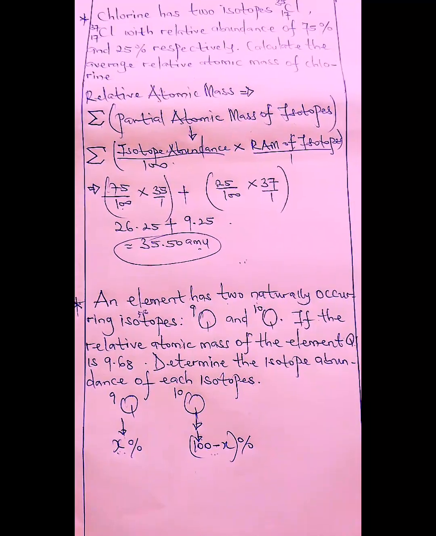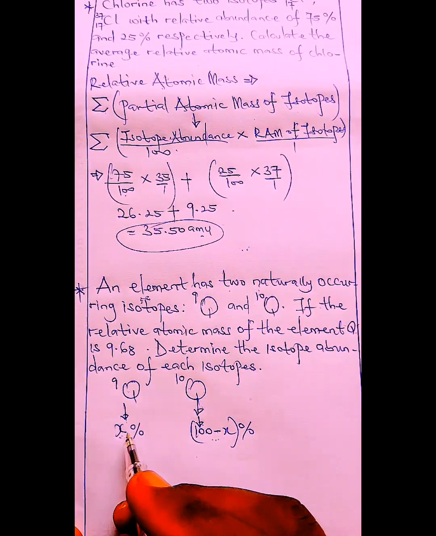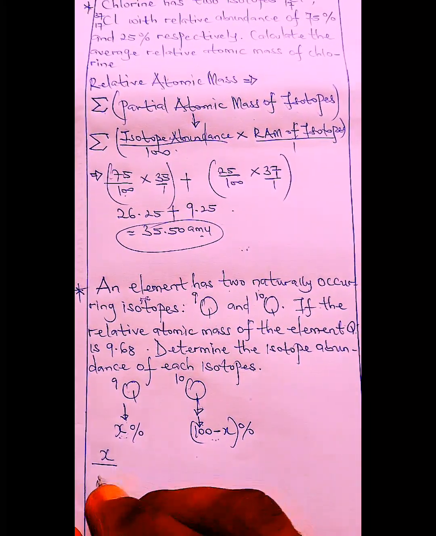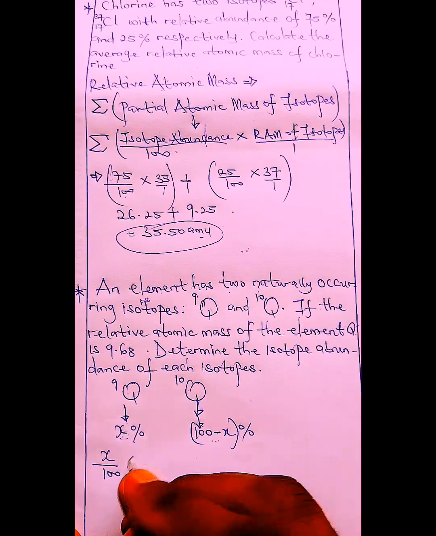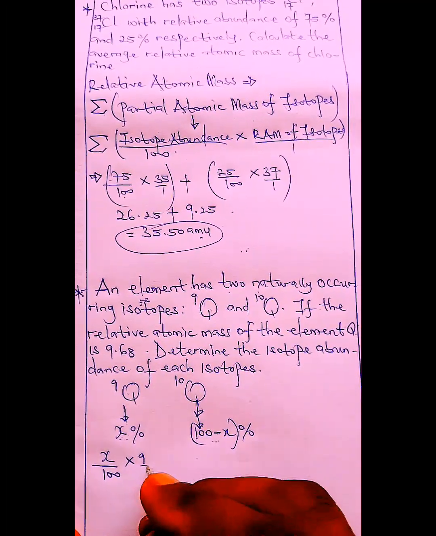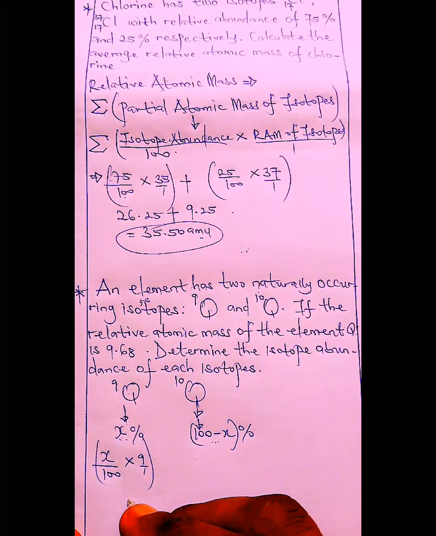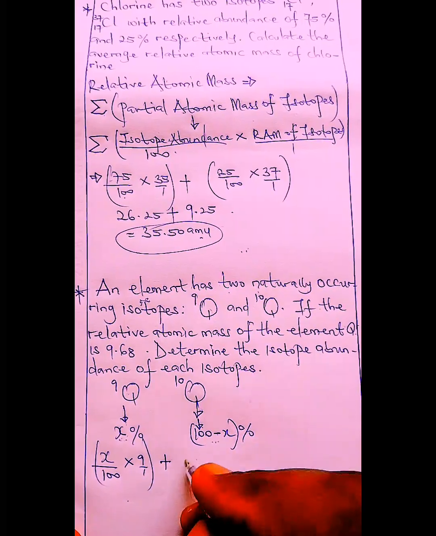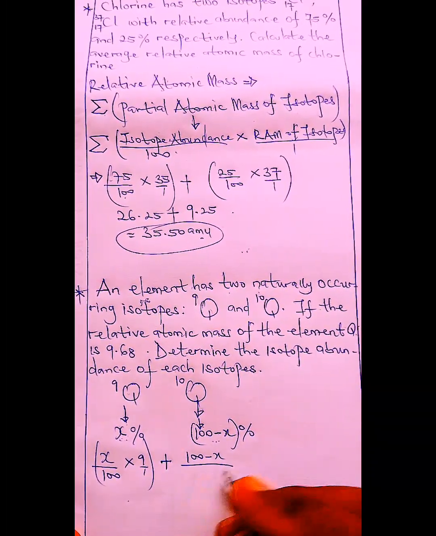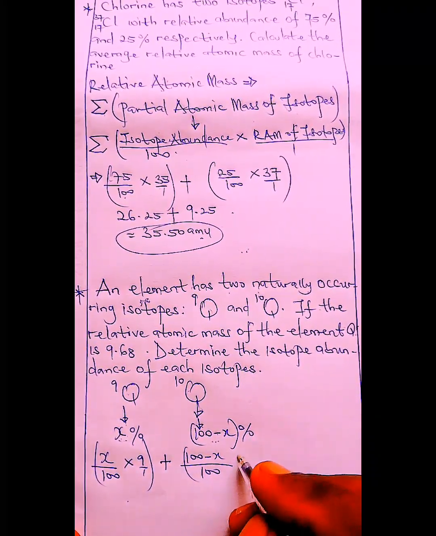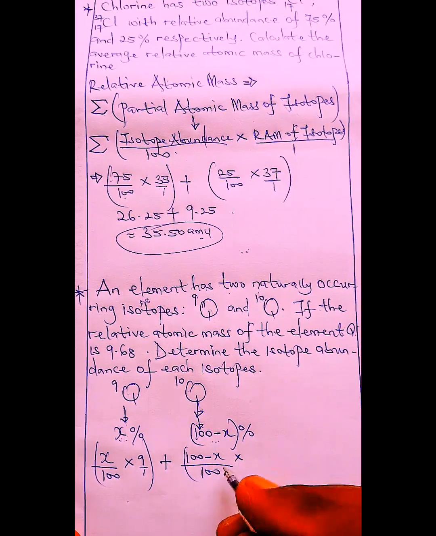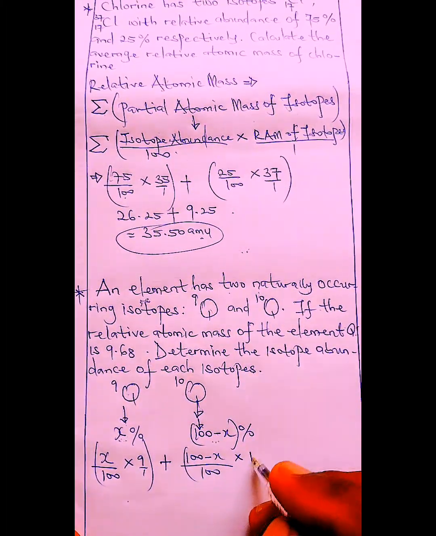So let's get that done right away. Let's get the partial atomic mass unit for each of them. That'll be X over 100 times 9 over 1. By the time we do this, you're going to get our partial atomic mass unit. Then the next, 100 minus X over 100, times 10.